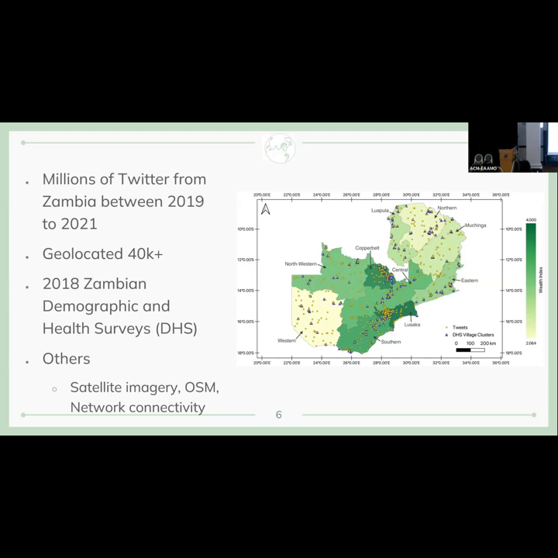As you see here, the yellow dots indicate Twitter locations, and the blue triangles indicate village clusters. We are looking at Twitter data around these village clusters where we have a ground truth wealth measure.